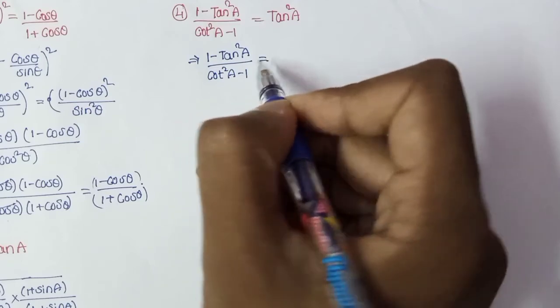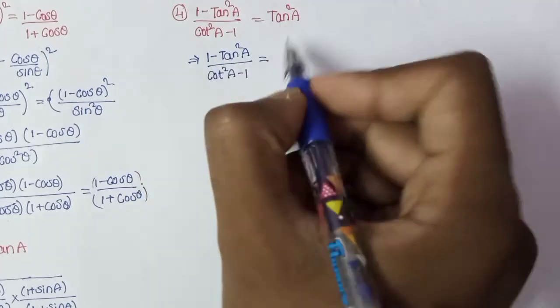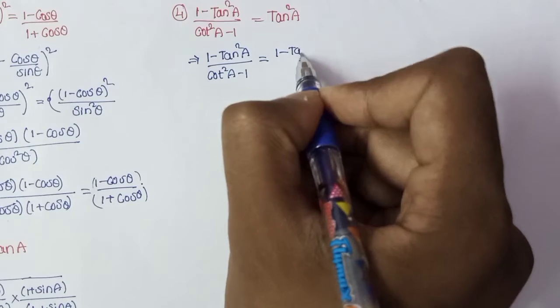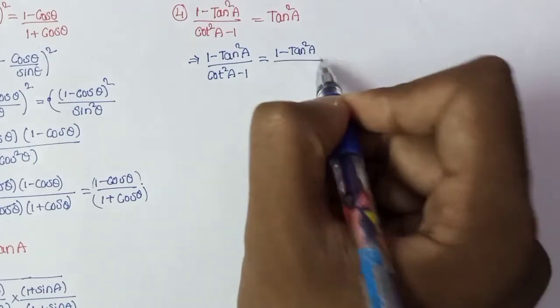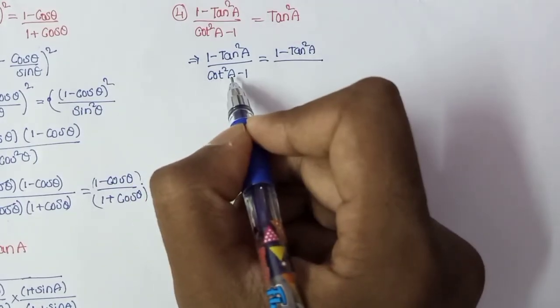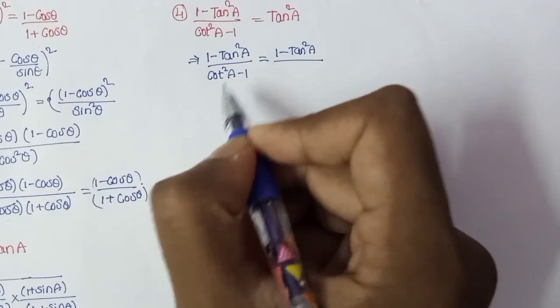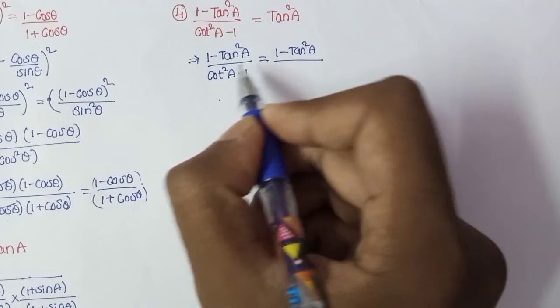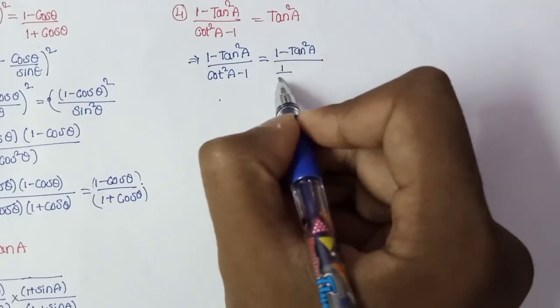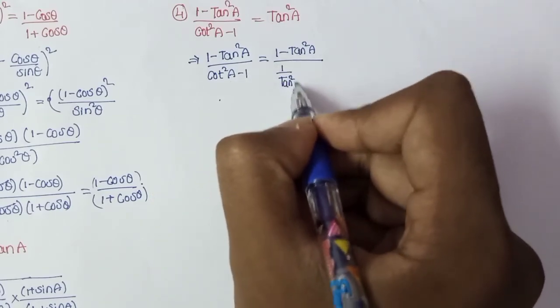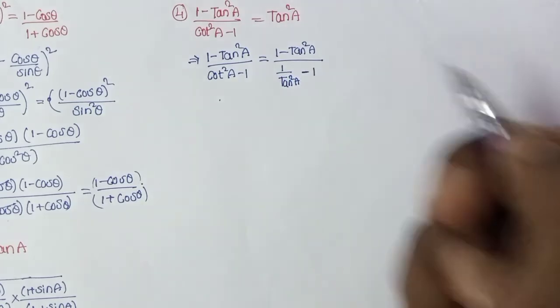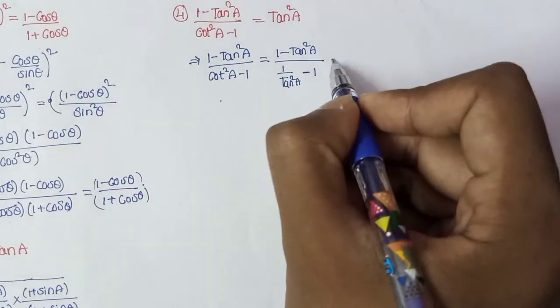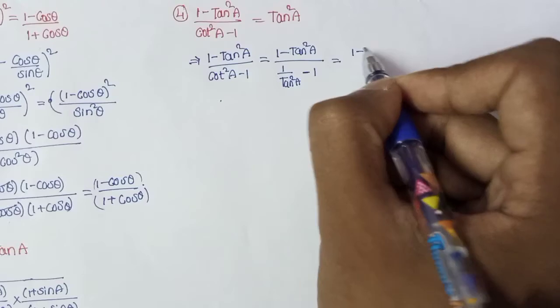Same 1 minus tan square a, you write like that, but in the denominator, cot square a means what? Cot a is what? 1 by tan a. We can write cot a as 1 by tan a. So cot square a we can write as 1 by tan square a, minus 1.